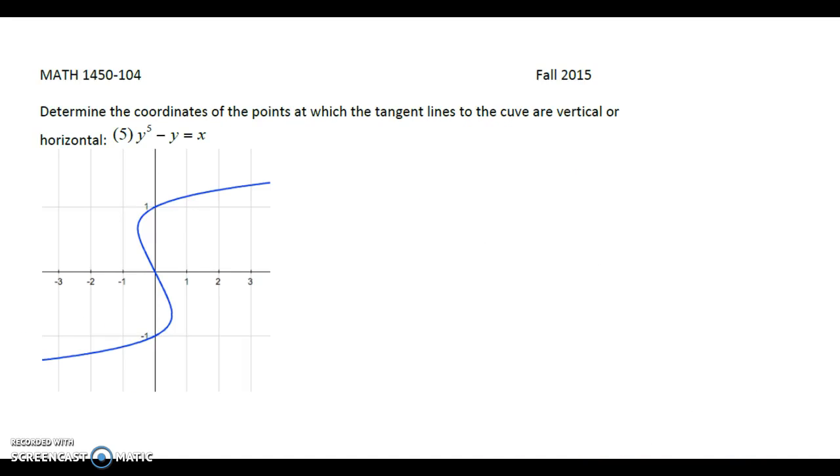Now it says determine the coordinates of the points at which the tangent lines to the curve are vertical or horizontal. So when they're vertical, that means the slope is undefined. If they're horizontal, that means the slope is 0, right? So let's take the derivative of this with respect to x.